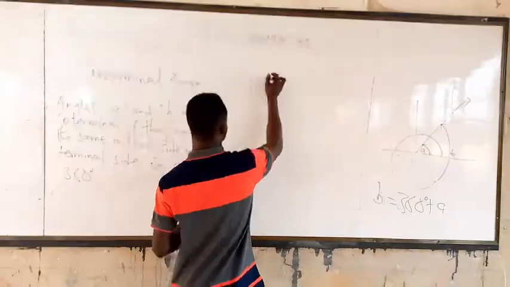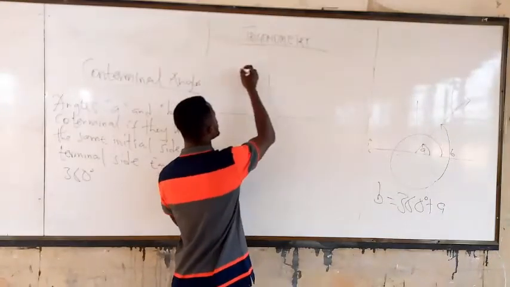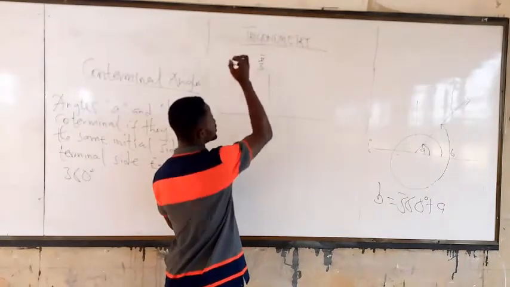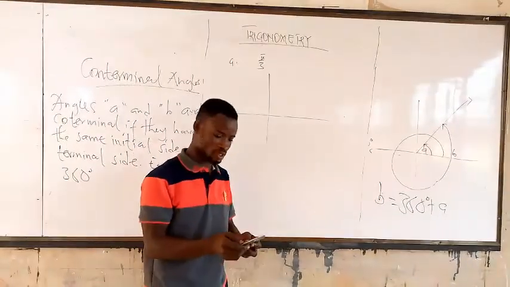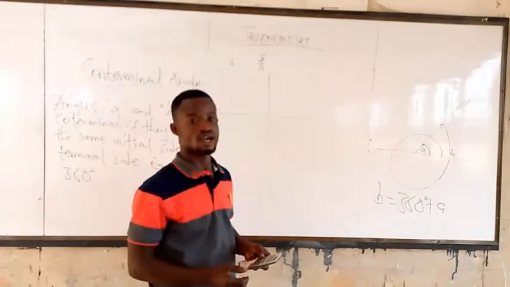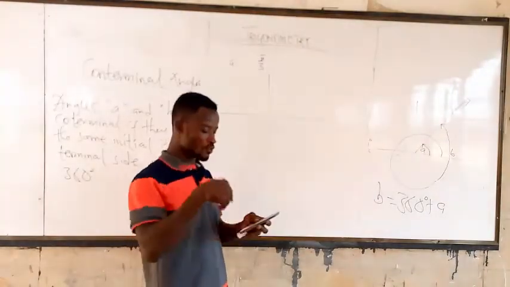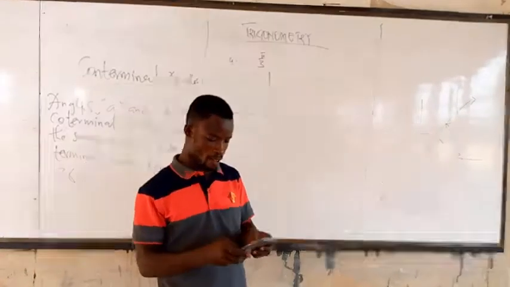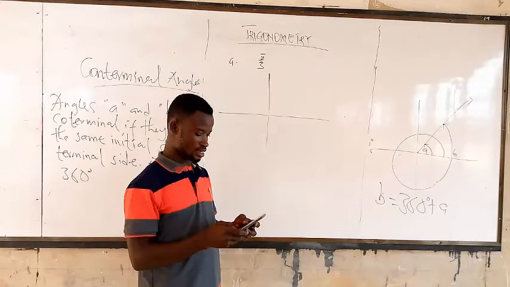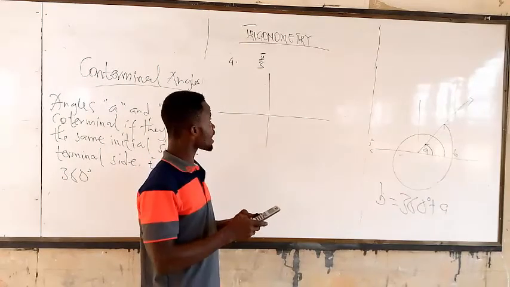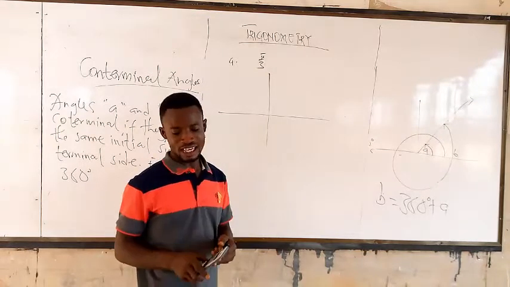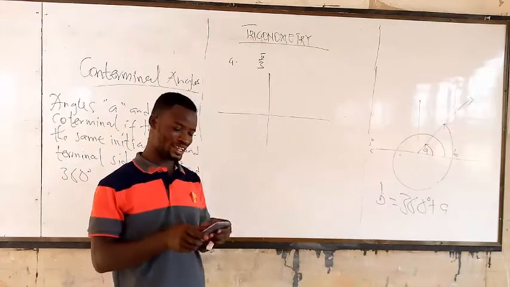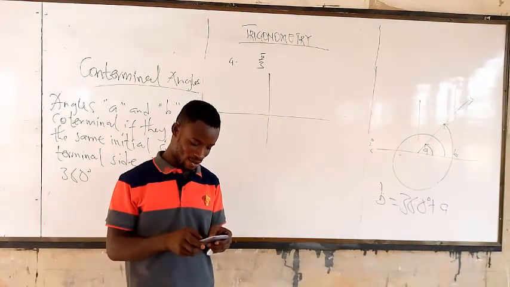Now, we know that the angle is pi over 3. In case you are not getting the value in radians, you convert to degrees by multiplying by 180 over pi.